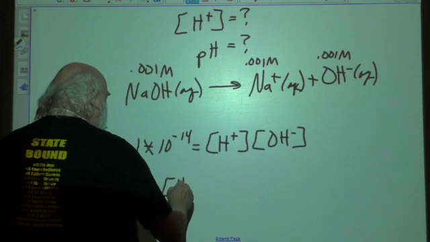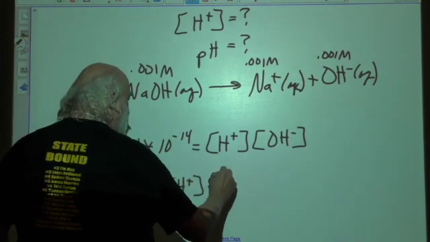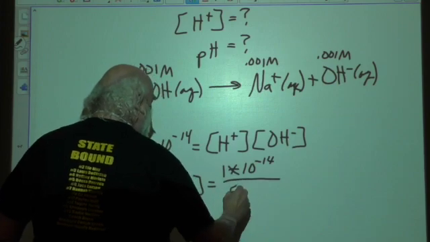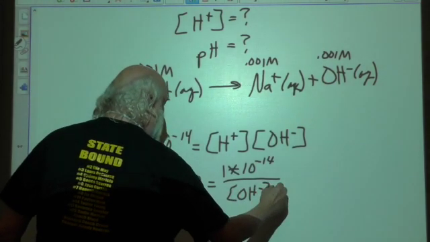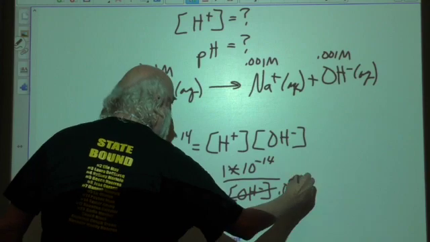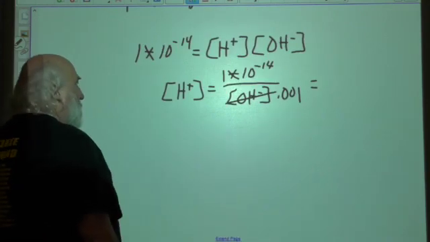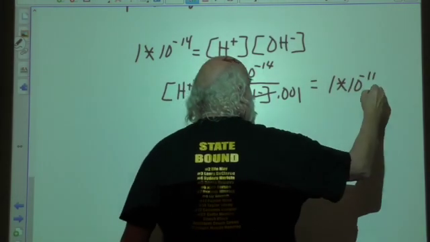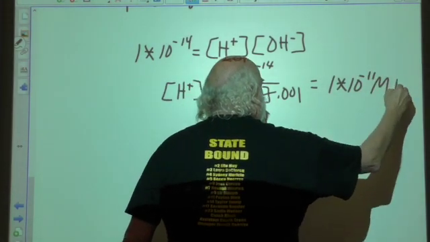So the hydrogen ion concentration is going to equal 1 times 10 to the negative 14 divided by the concentration of hydroxide, which in this case is 0.001. And you divide this out, and you get 1 times 10 to the negative 11th moles per liter of hydrogen ions.